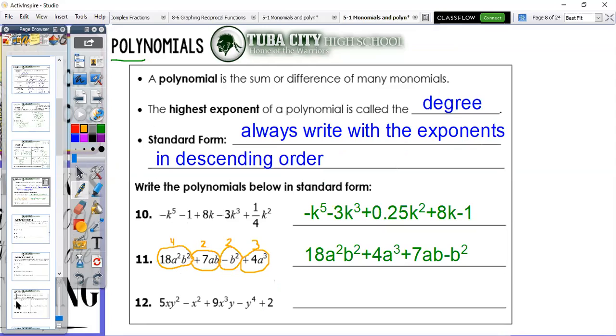Okay, now let's go ahead and move on to the next thing here, which is what we have here. So again, I'm going to circle all of these. All right, and now I can see that I have 5 terms, and I need to find out the power on these terms.